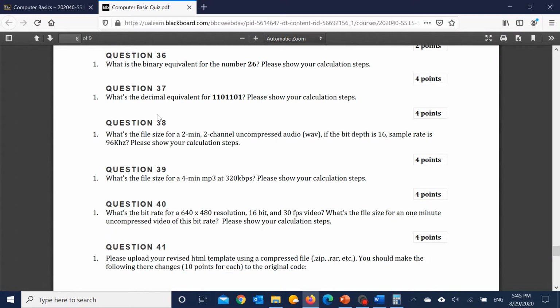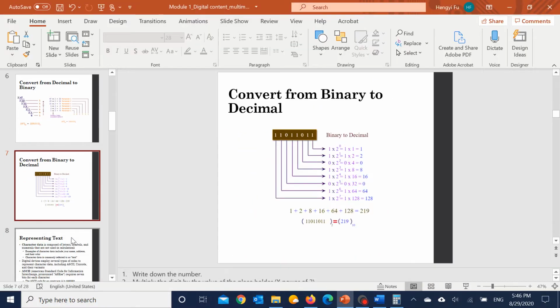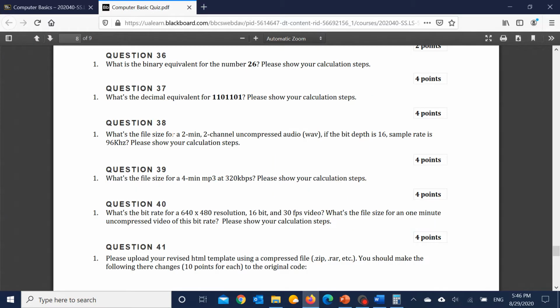Question 37. What is the decimal equivalent for 0011011101? Please show your calculation step. You can refer to slide 7. This is an example of how to convert from a binary number to a decimal number. Come back to our question.